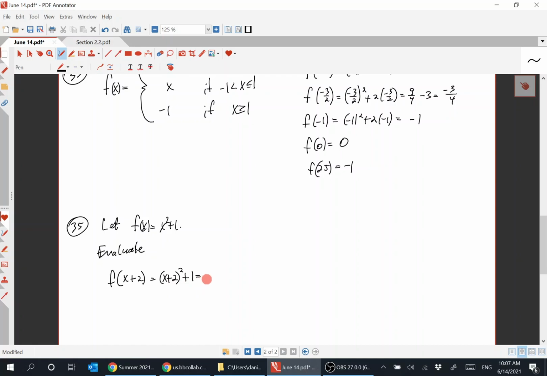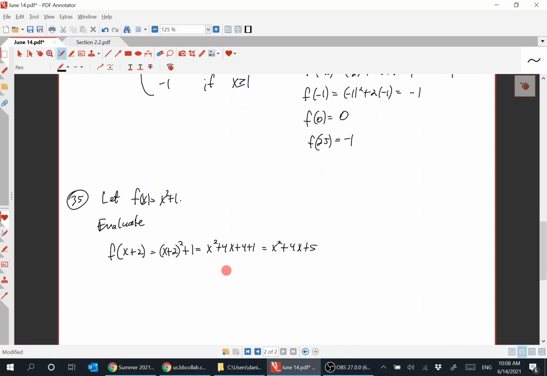And if we were to put this in standard form, this is x squared plus 4x plus 5. Now, it also asks you to evaluate f of x plus f of 2. Well, what is f of x?